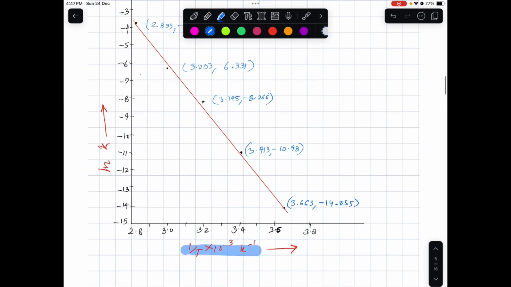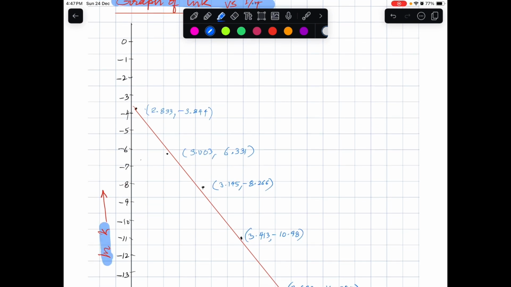Therefore, we will put down here 1 by T into 10 raised to the power minus 3 per Kelvin to write down the numbers in standard form. And natural log of k we have taken on the y-axis.